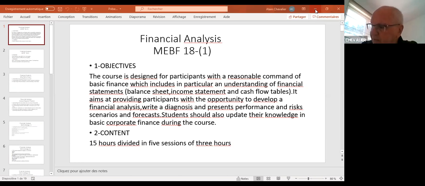And this final exam is a 2-hour exam. It's made of different and independent parts. In the different parts, you can find questions on concepts, but also small exercises. And this is for 60% of the final grade.